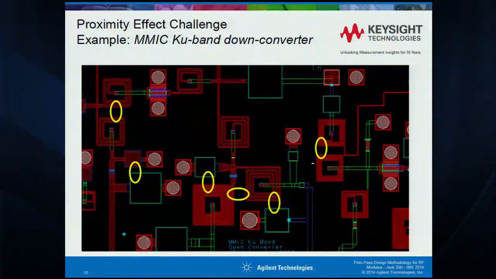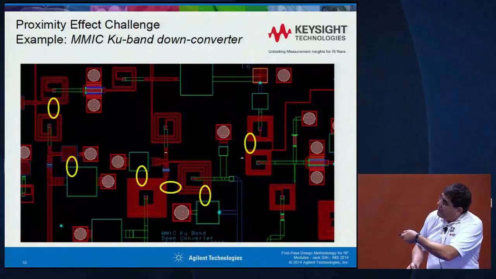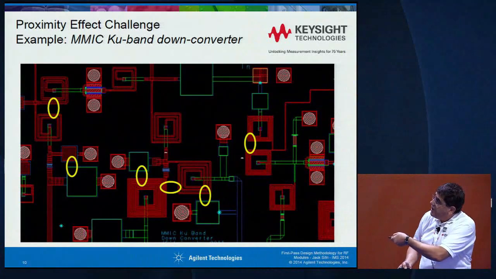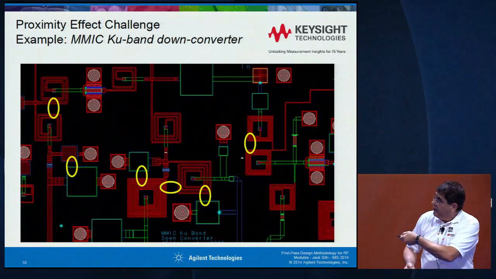Now, you designed your IC, you have a really successful topology and you succeeded with that. The next challenge you have is proximity effects. You take your design and simulate it using an EM simulator, and you find out that your frequency shifted or your gain is lower or there is some mismatch due to coupling and proximity effects of various components in the design.